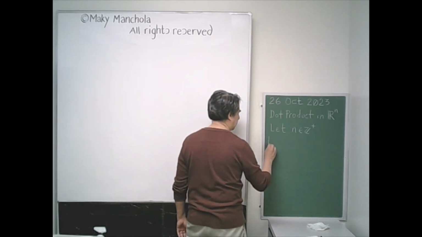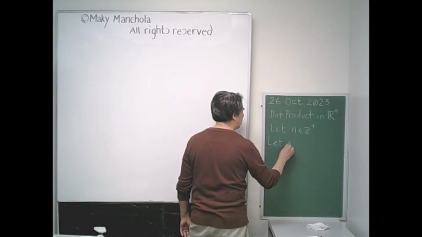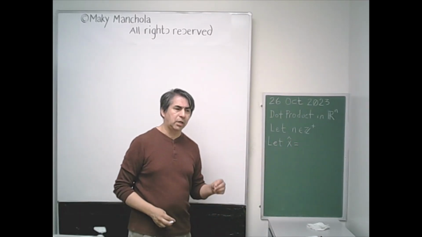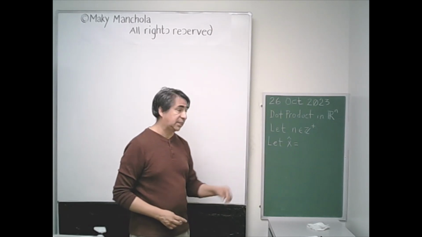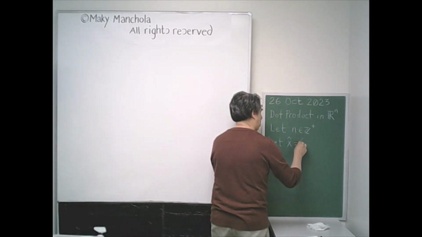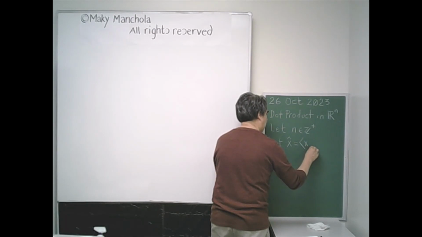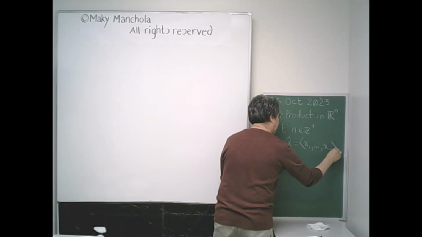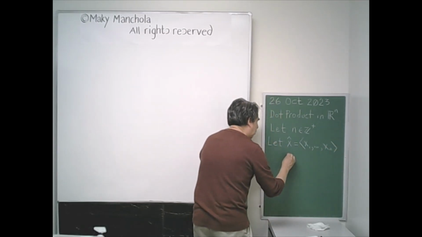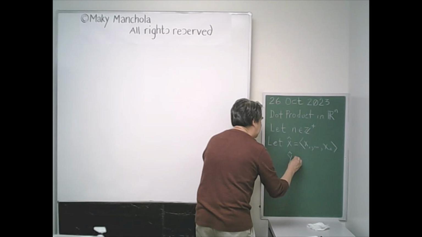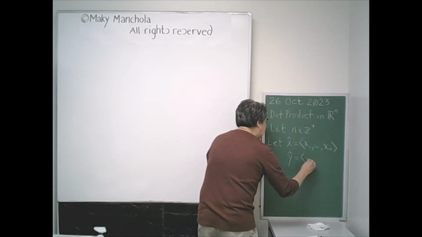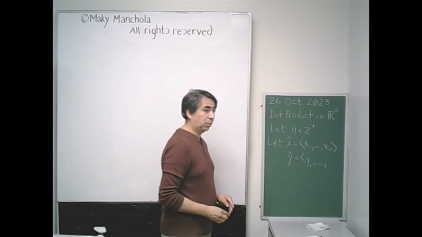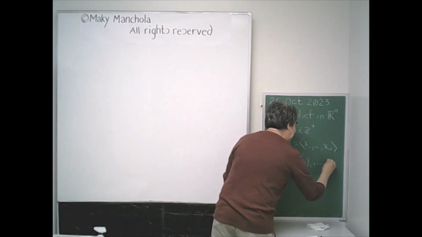Let x hat be a vector in Rn with entries x1 all the way up to xn, and vector y hat in Rn be the vector whose entries are y1 all the way up to yn.